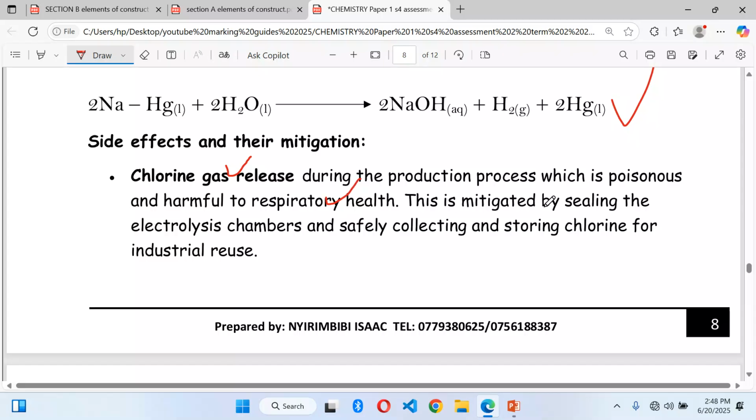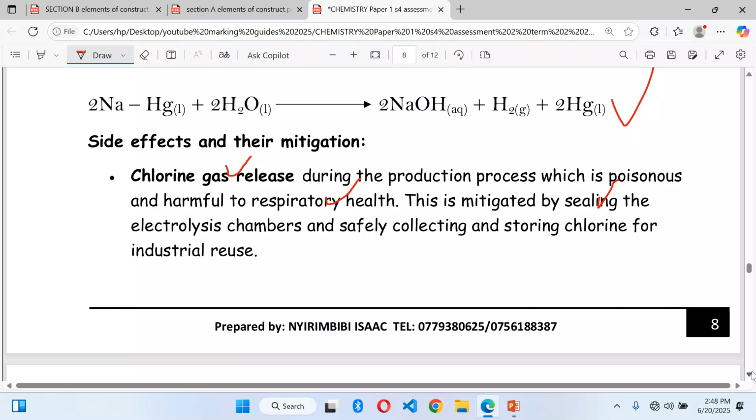This is mitigated by sealing the electrolysis chambers. This is the mitigation, and safely collecting and storing chlorine for industrial use. So you can see we have all the three cells.